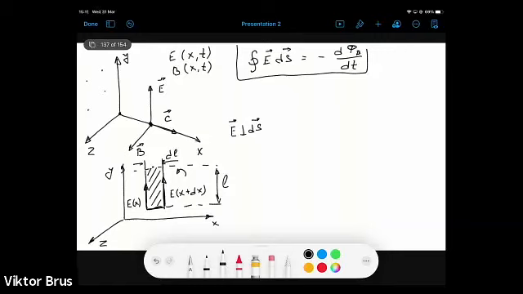Also, it is necessary to show here the magnetic field vector, assuming that dx, oh sorry, it's not dl, it's dx here, the width of the rectangular.